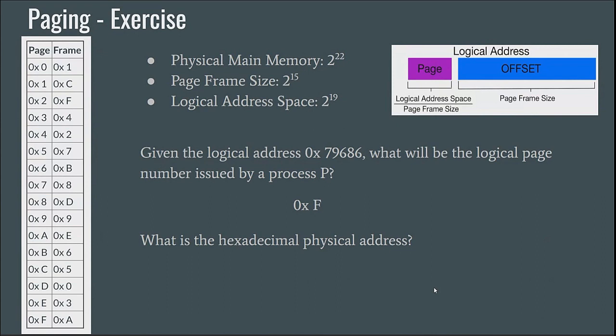We take our page number, which is 0xf. We find the frame, 0xa. Oh, you're going the other way. Yeah. Convert 0xa to binary and add it to the offset. Do you want some more time to work that out now that I gave some hints?